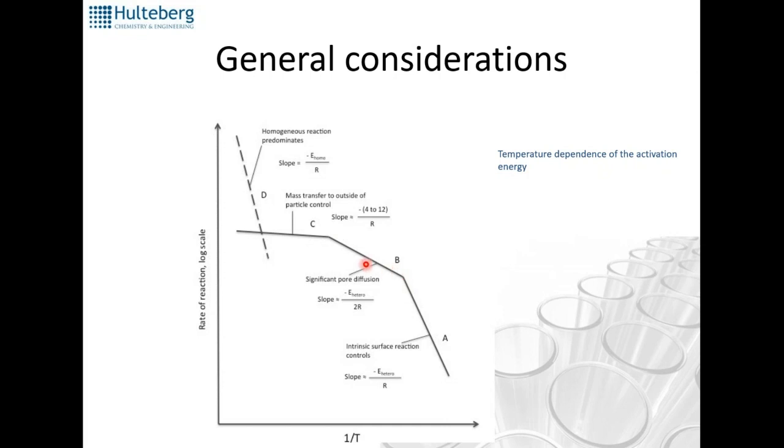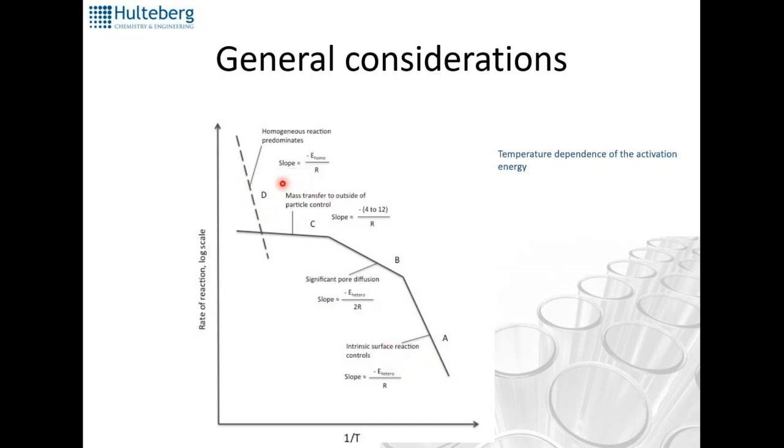And at a certain point, if we continue to increase the temperature, the limiting step is transferring material from the bulk of the gas to the catalyst surface. As soon as it gets into the catalyst, it will be converted into whatever we want. And for this pore diffusion limited regime, the slope is about half of what it is for, in this case, the intrinsic controlled surface.